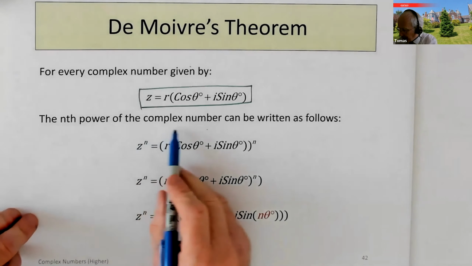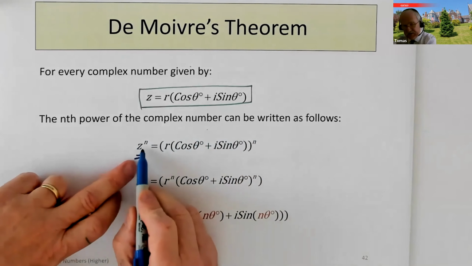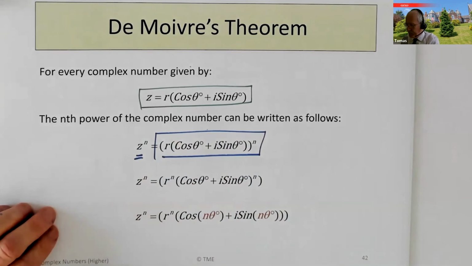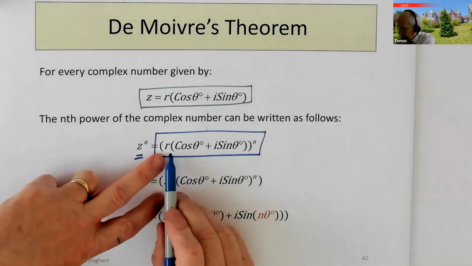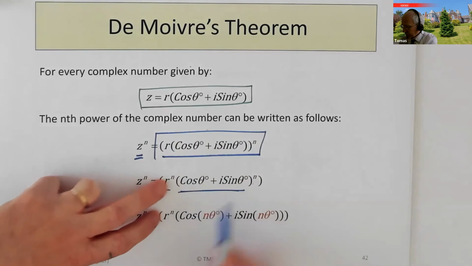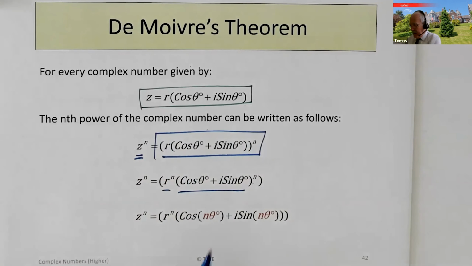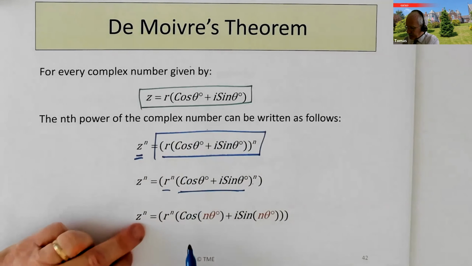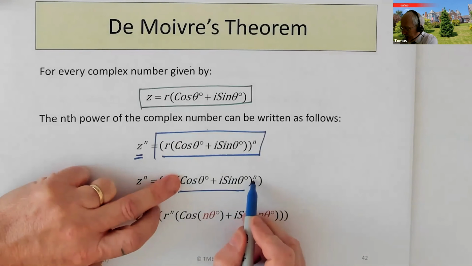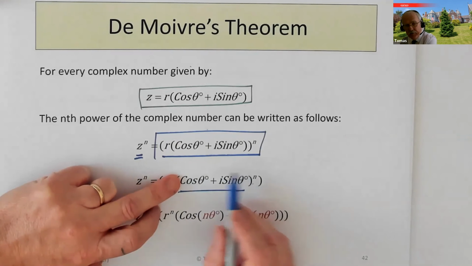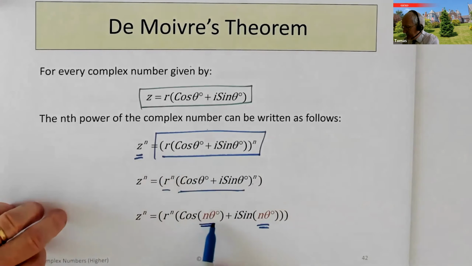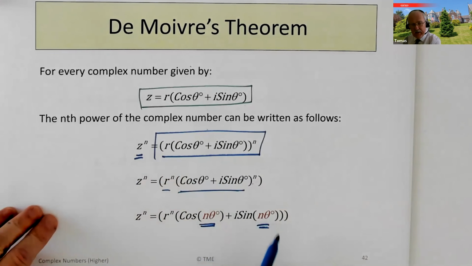So the nth power of the complex number, if I want to get z to the n, I get all of this to the power of n. But r to the n, I can just bring that back here and just leave this bit to the power of n. And what de Moivre found out was that cos theta plus i sine theta to the power of n, you could take the n down and slip it in here and say that's the same as cos n theta plus i sine n theta.